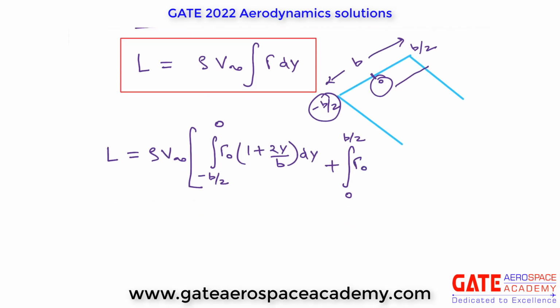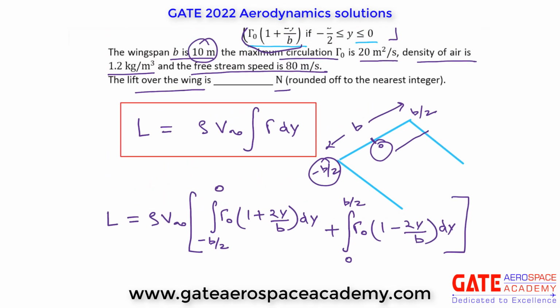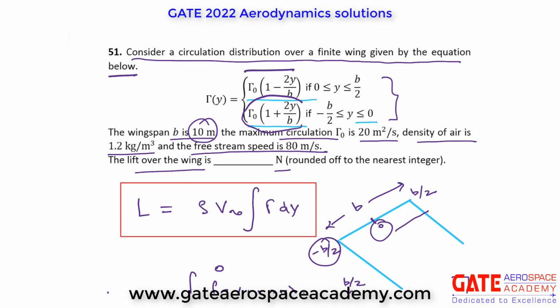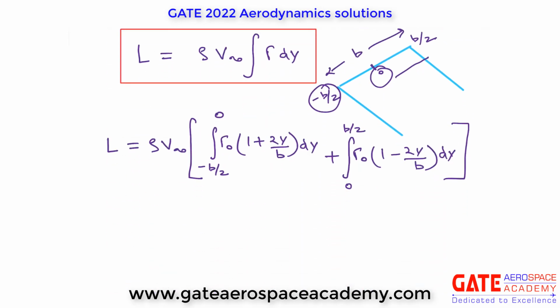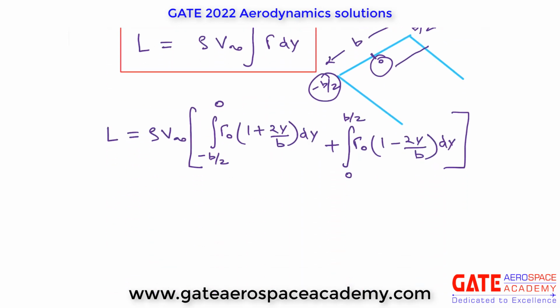Gamma naught (1 minus 2y by b) dy, bracket close. So for 0 to b by 2, this is the expression for gamma circulation. So gamma naught we can take common.